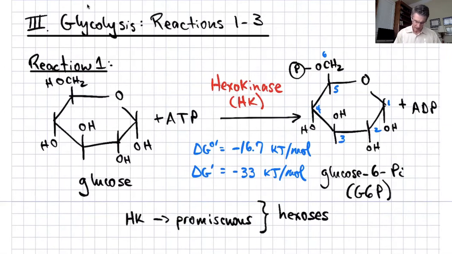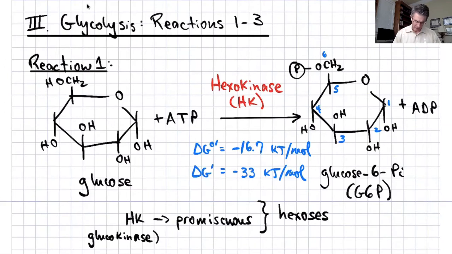There's a related enzyme in liver tissue called glucokinase, right? And liver's a little special, right? We're going to talk about this a little bit. In addition to just having to be a living tissue and run some of these metabolic pathways, liver plays this huge role in regulating blood glucose levels. And so glucokinase in some of the key tissues or cell types in liver tissue has a much, much higher Km than hexokinase.